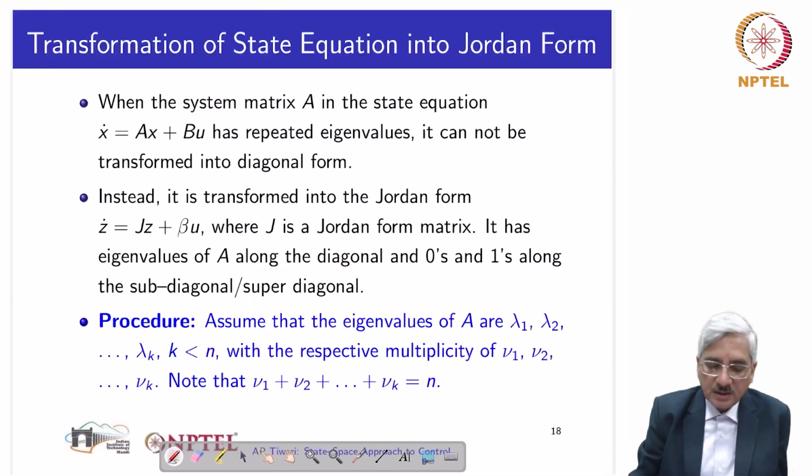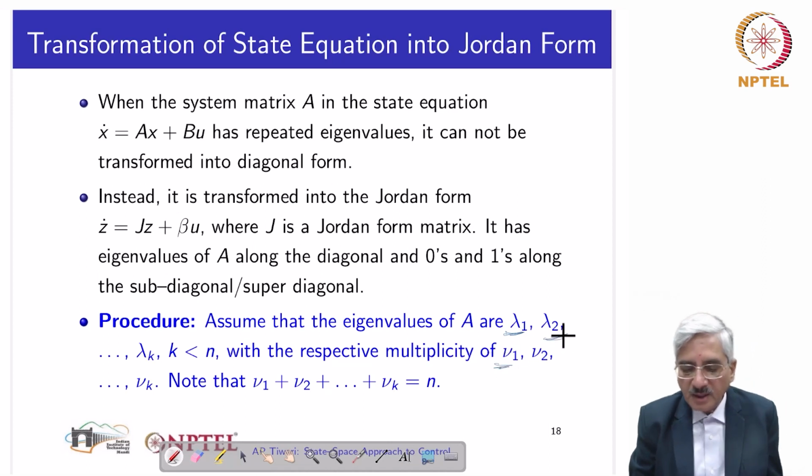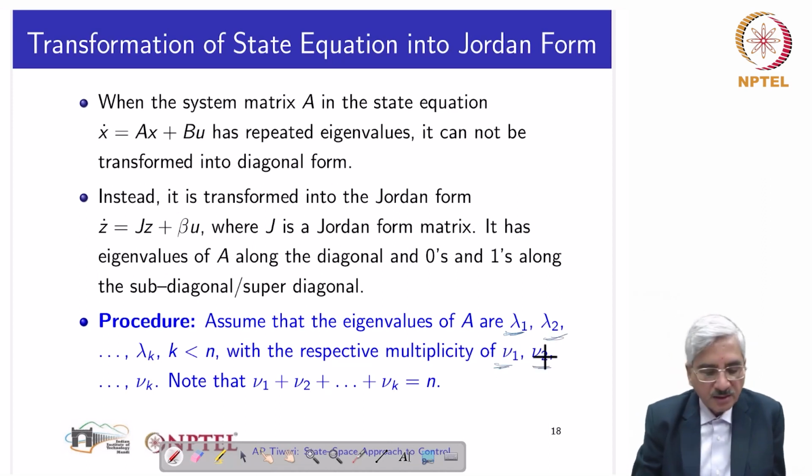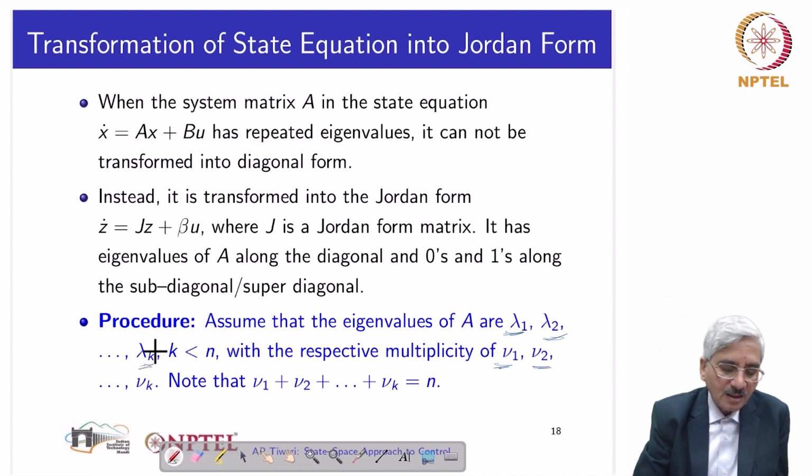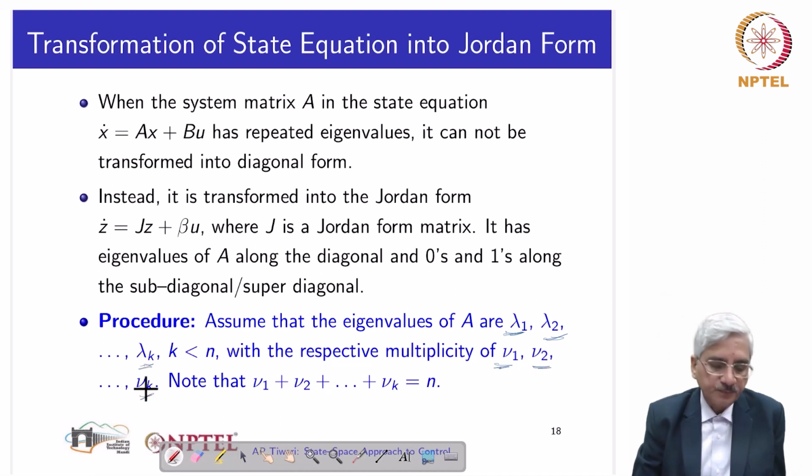So what we do is, as an assumption, the case here is that the eigenvalues of A are not distinct, they are repeated. So lambda 1 has a multiplicity of nu 1, lambda 2 has a multiplicity of nu 2, and so on. Lambda k has a multiplicity of nu k, and k is less than n.